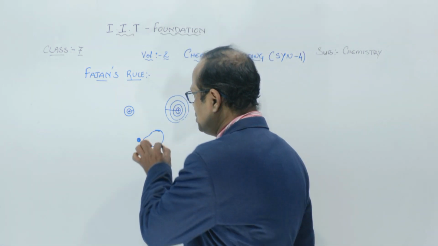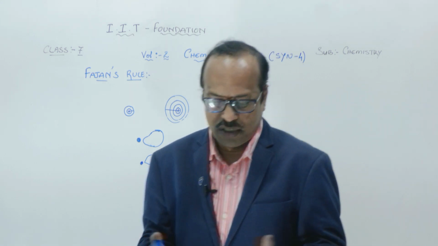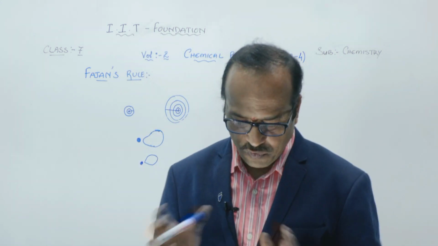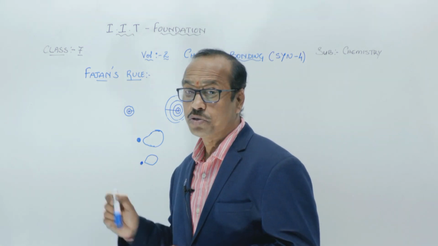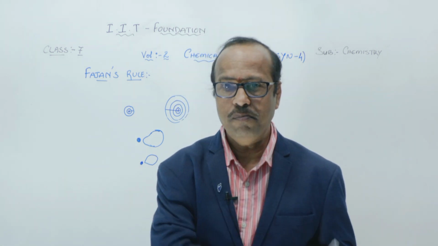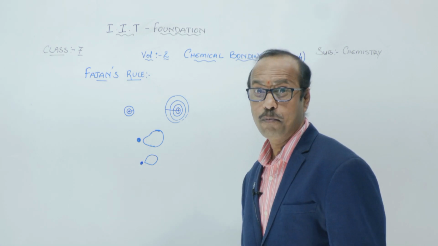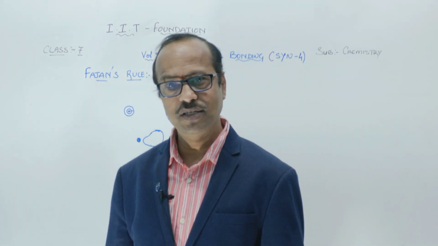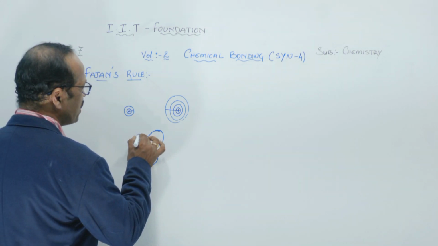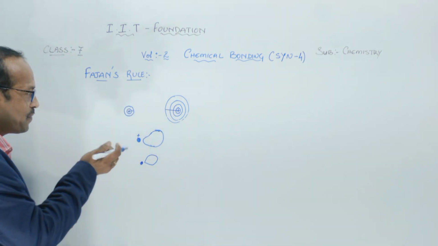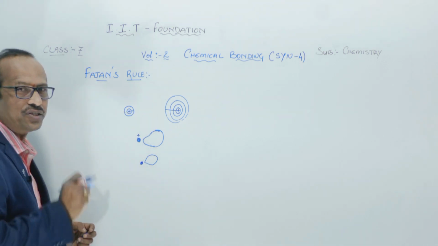The changing of shape is called distortion. So distortion of the ion is taking place, and this phenomenon is called polarization. Is this clear to you? Here the positive charge is attracting and making the anion change its shape.